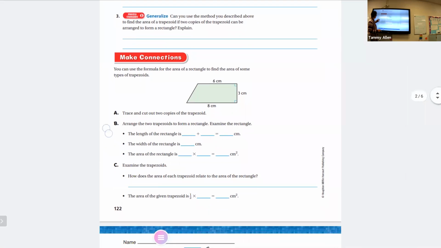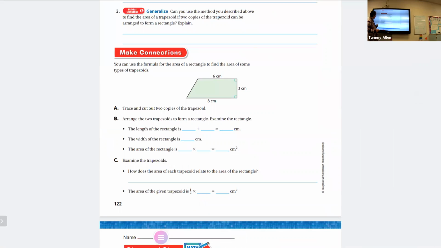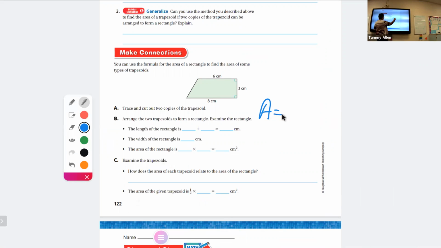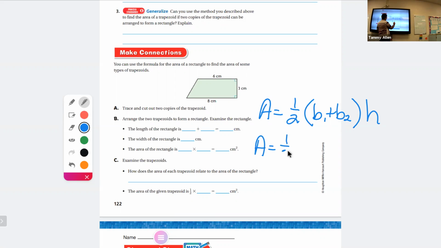Let's take a look at this trapezoid then, and we are going to use the formula, and we are going to find its area. Okay. So we will start out with the formula. Area equals 1/2 the sum of base 1 plus base 2 multiplied by the height. Area equals 1/2.